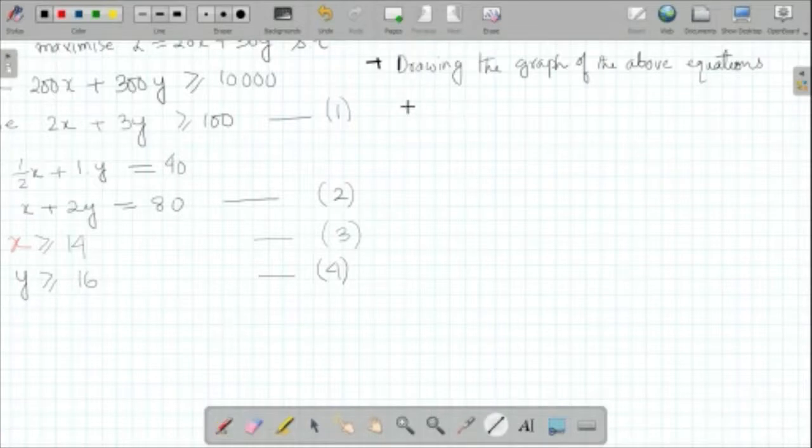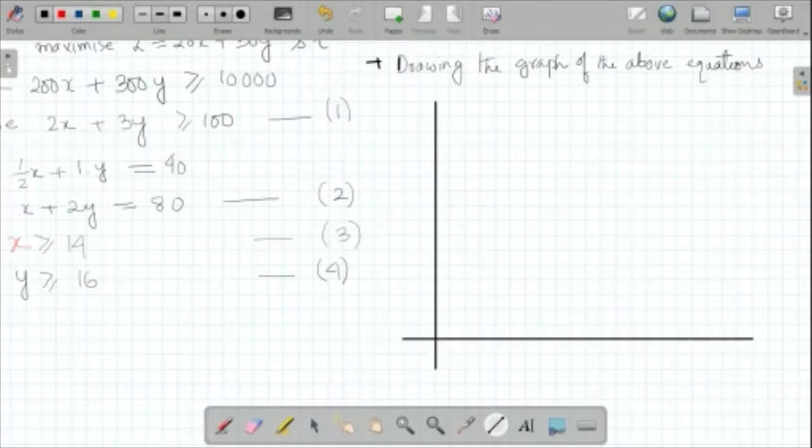So let's try to draw the graphs here. Okay, first equation has 2x plus 3y greater than or equal to how much?